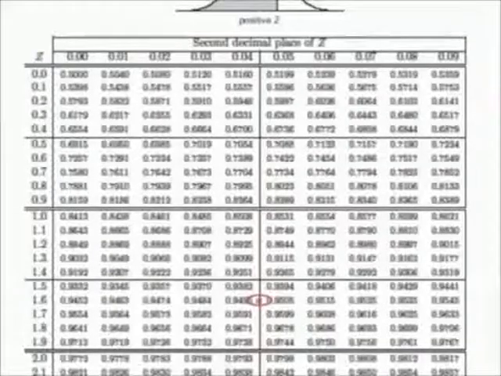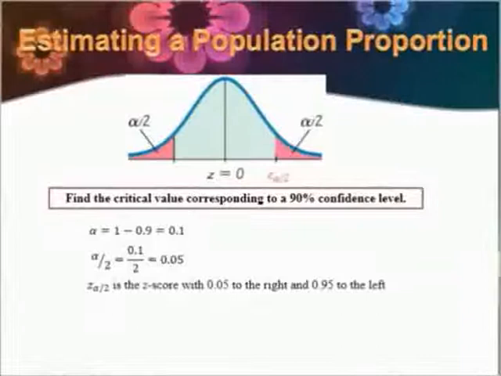So we'll take the z-score that's right in the middle. I can see we're in the 1.6, but we're between 1.64 and 1.65. So the z-score that would be in between those is 1.645. So we found the critical value corresponding to a 90% confidence level is 1.645.